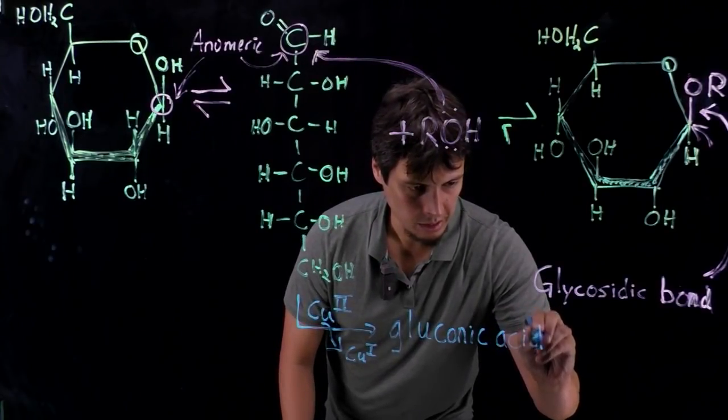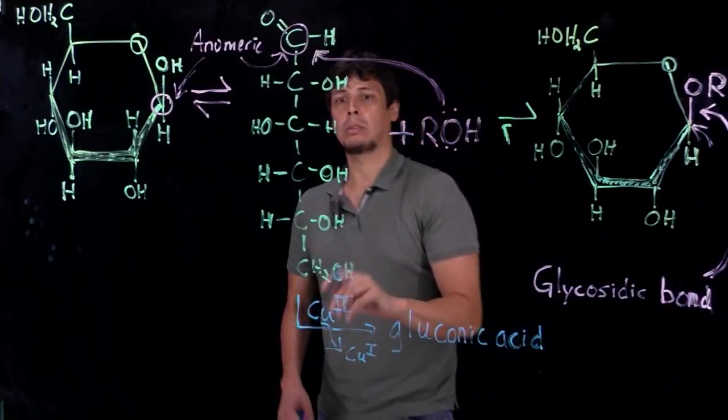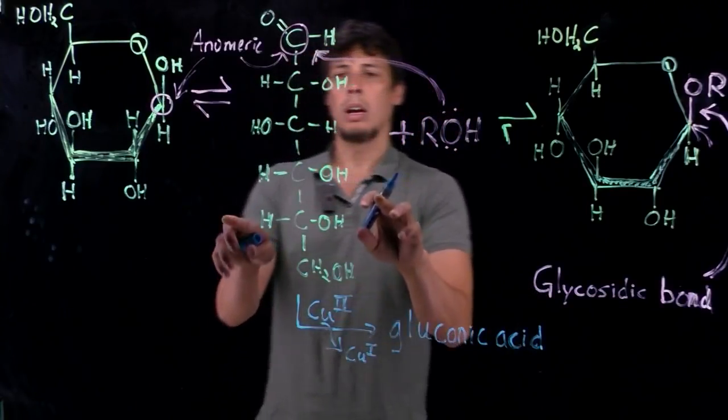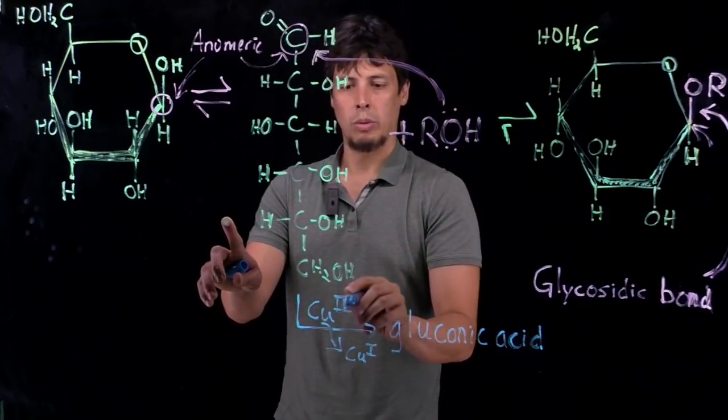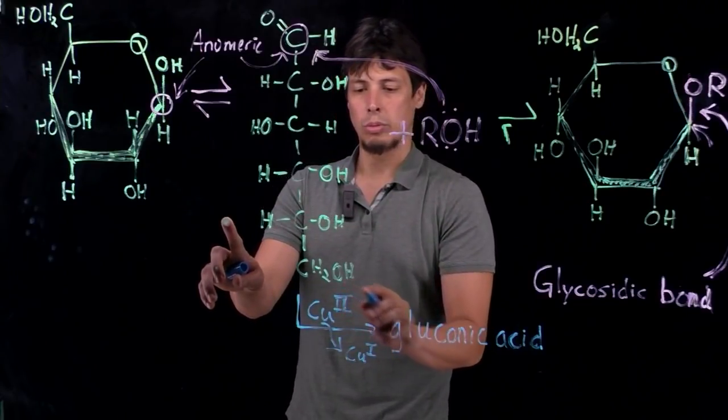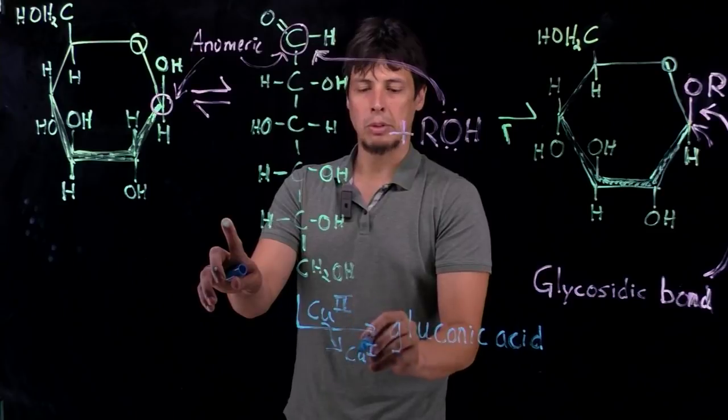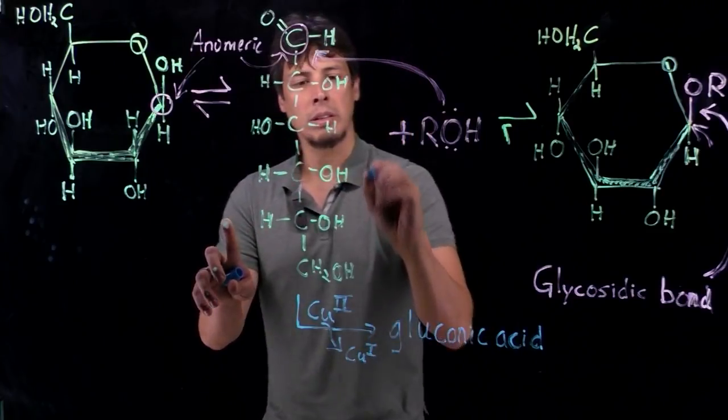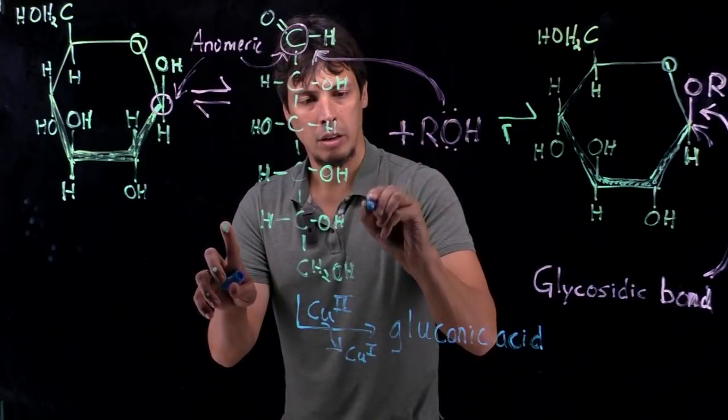So in this case, because D-glucose can react with copper 2 to reduce copper 2 to copper 1, we call this a reducing sugar.